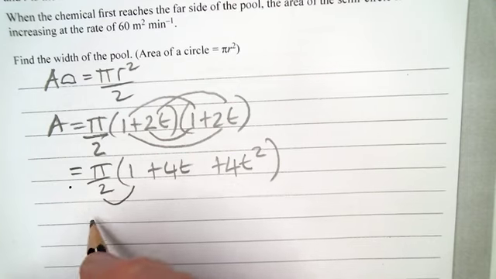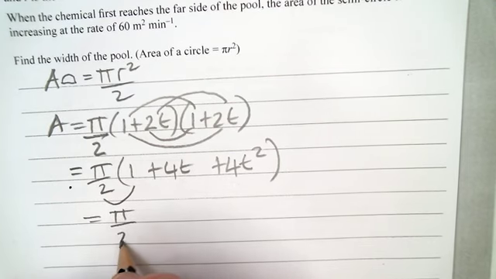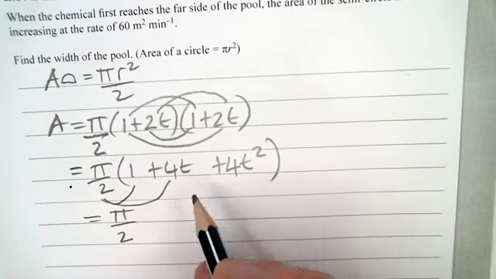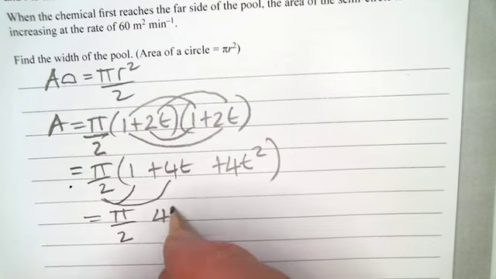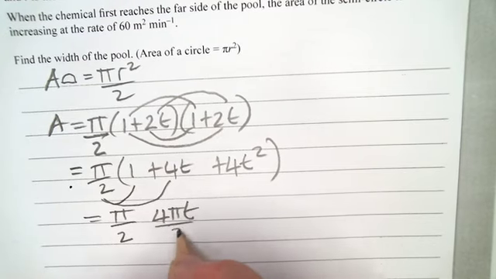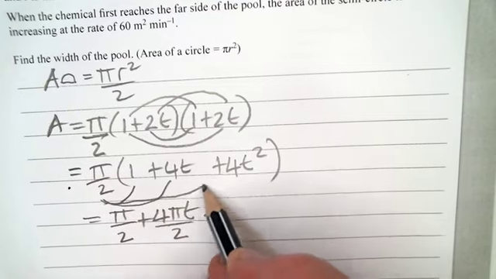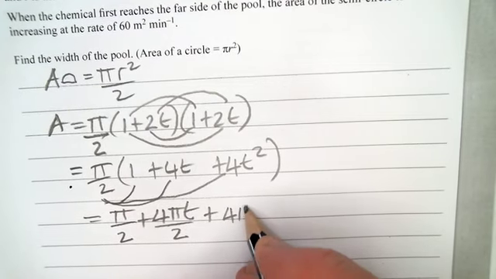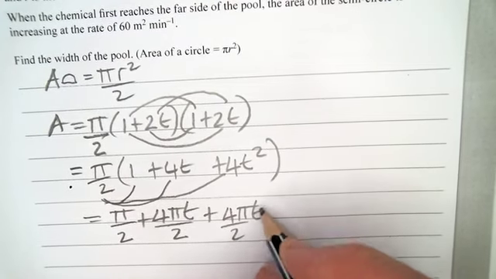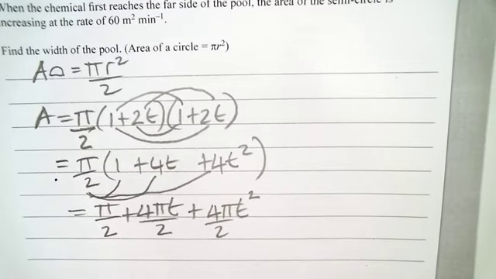That times 1 is just going to be pi on 2. Pi on 2 times 4t is going to be 4 pi t on 2. And pi on 2 times this is going to be 4 pi on 2 t squared. So that all makes sense too.